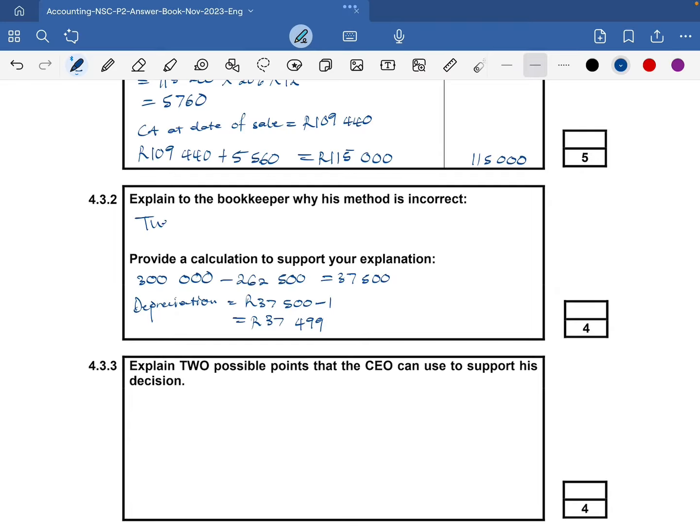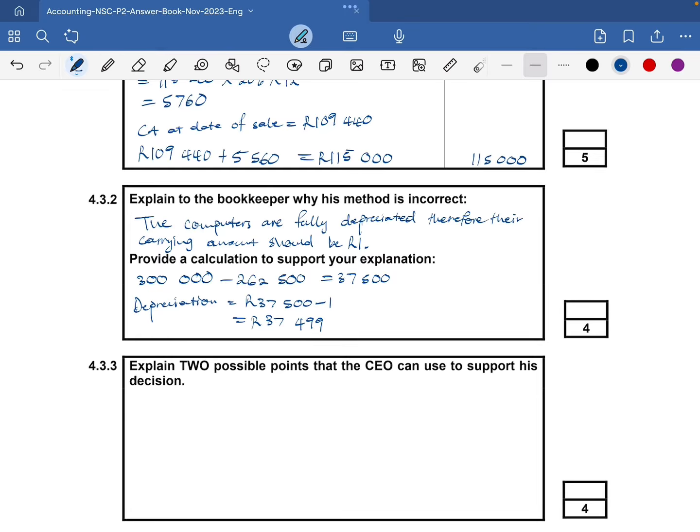So the asset, or the computers, are fully depreciated. Therefore, their carrying amount should be 1 rand because it is fully depreciated.